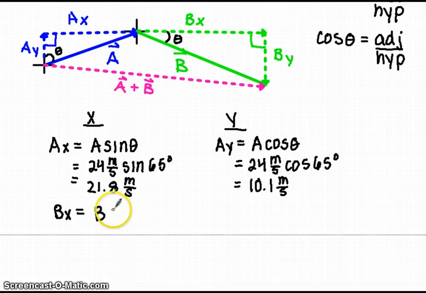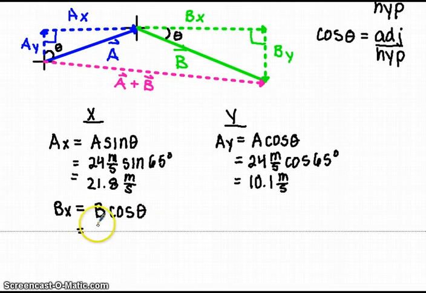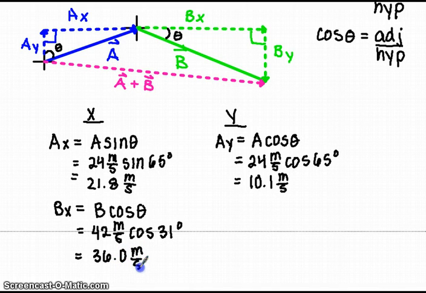B, which is the hypotenuse, times the cosine of theta will give you b sub x. And calculating that, we get 36.0 meters per second.